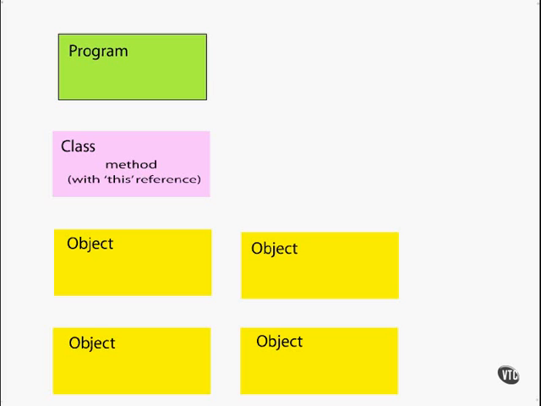It is through the this variable that the method has access to all the variables of the object. That is, whenever your code refers to a variable, it is necessary to specify which object holds the variable. If you don't specify the object in the method, the default is to use the this reference that was supplied to the method at the time it was called.